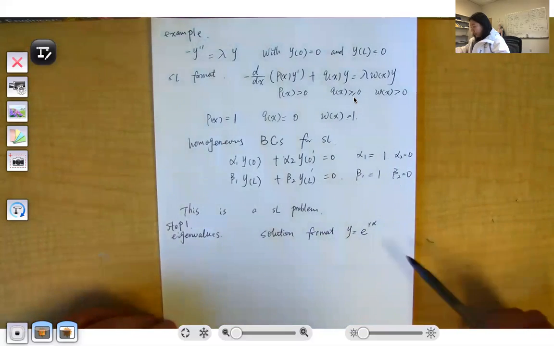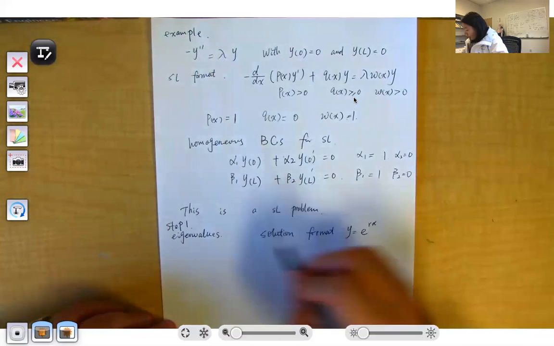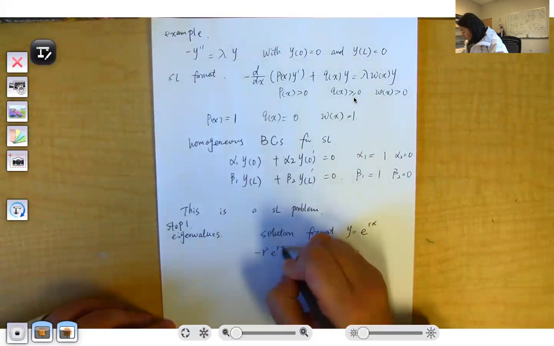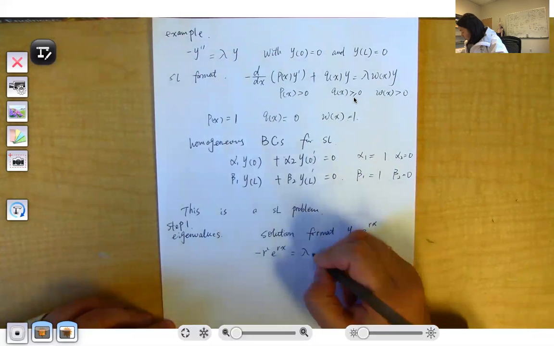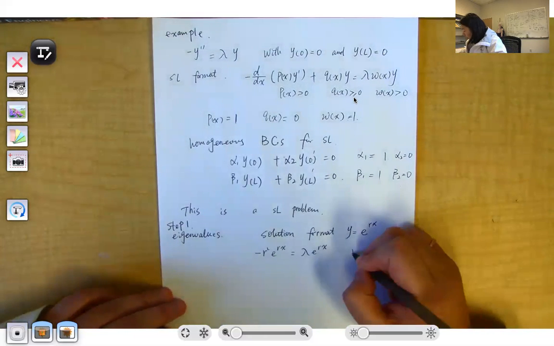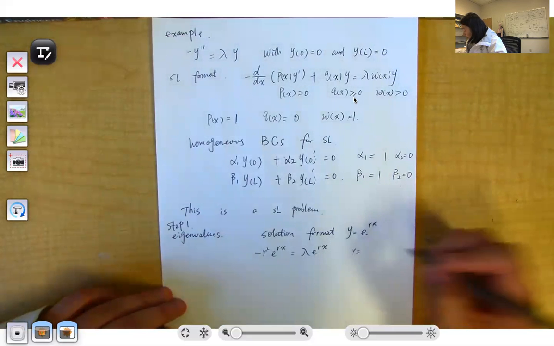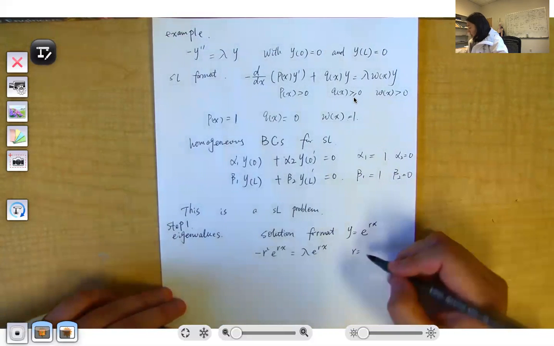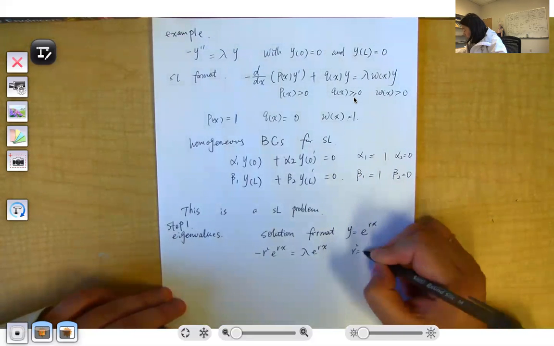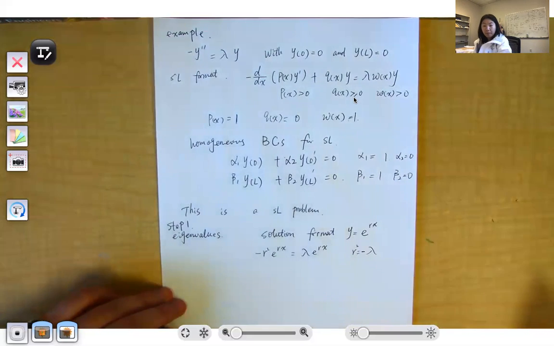Then we can solve this problem, which is r squared e to the rx equals minus lambda e to the rx. Then basically r squared will equal minus lambda.